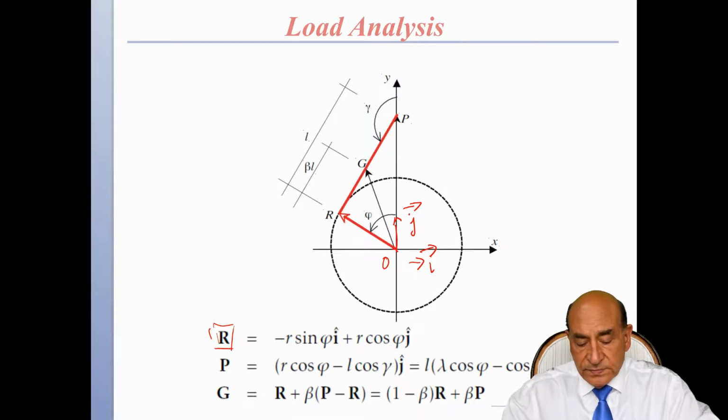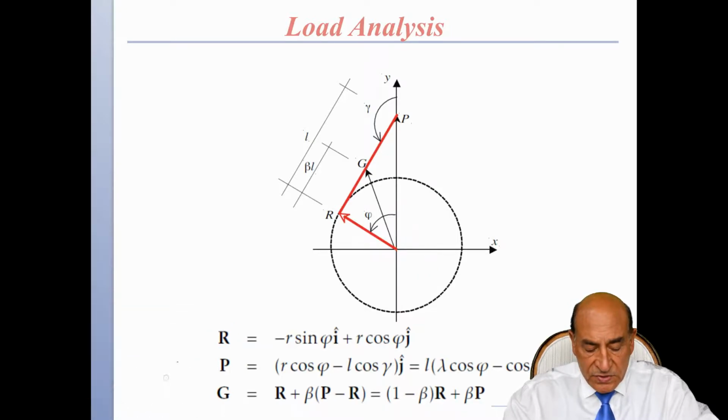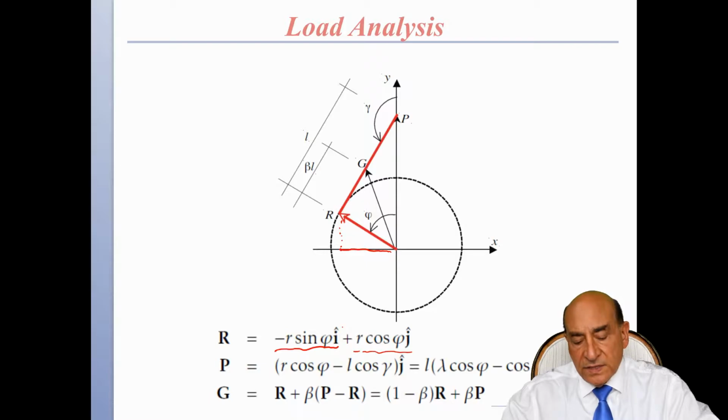And therefore, if we want to describe capital R, then we have to go 2 steps. We have to go backwards here, which is minus r sine phi, and we have to go up, which is r cosine phi in the j direction. So a few steps in the I direction, a few steps in the j direction, then we get the vector R. The vector P is all in the j direction, and it's made up into 2 pieces.